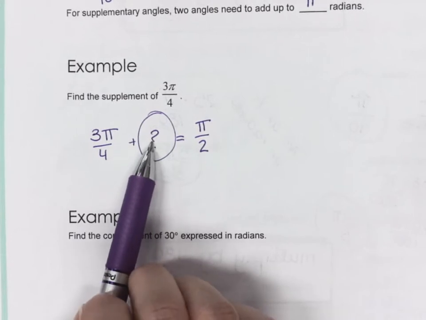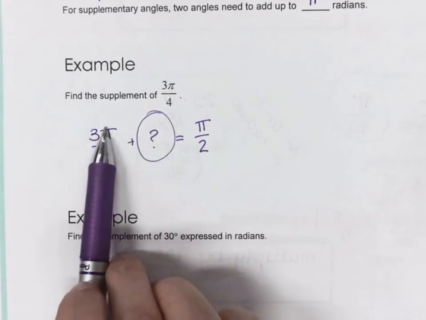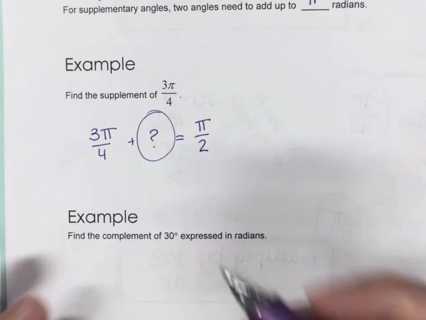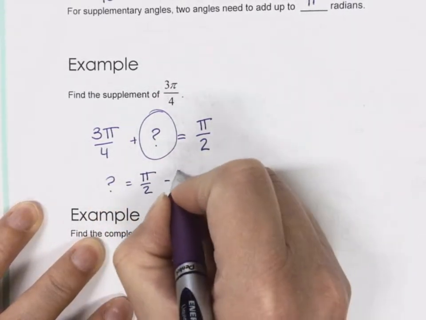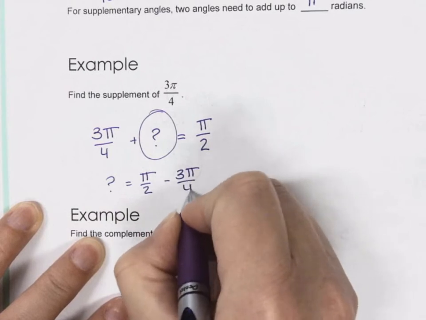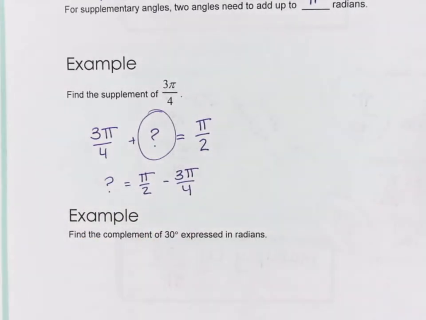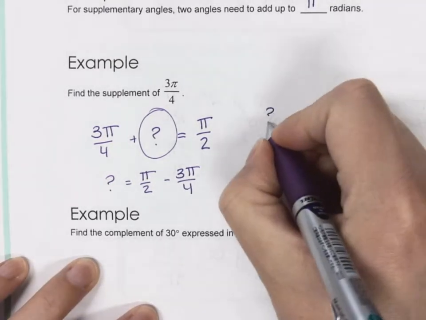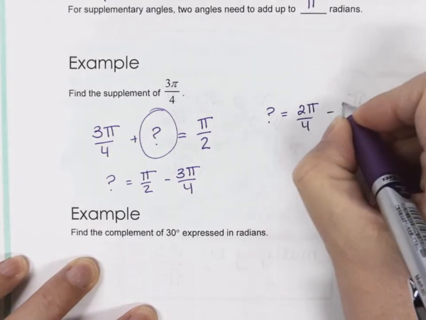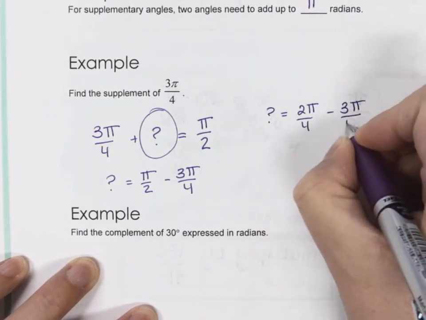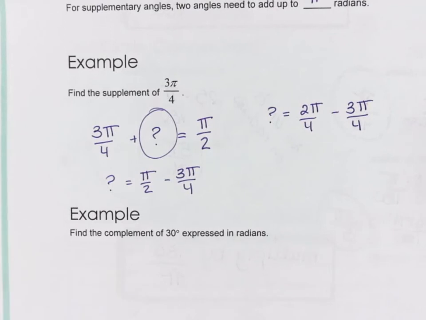How would we isolate x? We'd move this to the other side, right? So question mark equals pi over 2 minus 3 pi over 4. These are fractions, so what do you need? Common denominators. So question mark is equal to 2 pi over 4 minus 3 pi over 4.